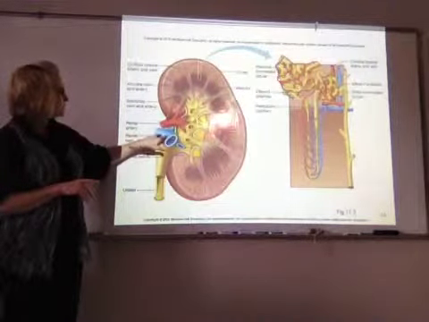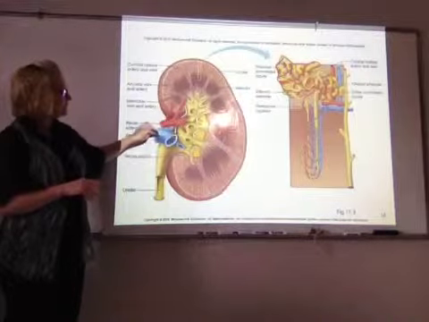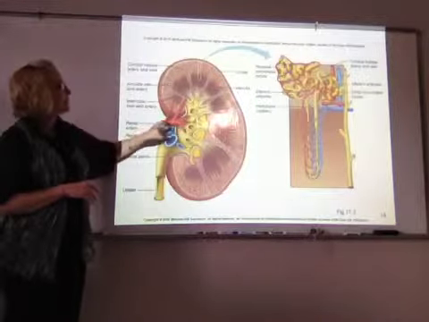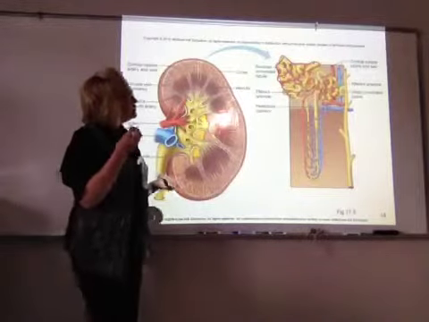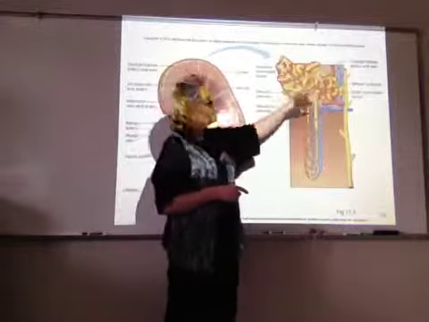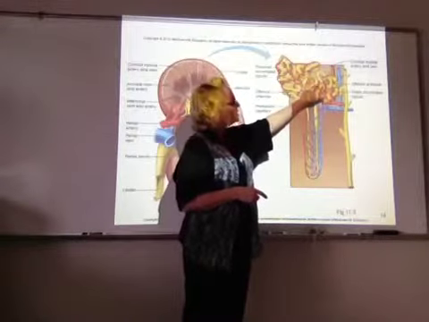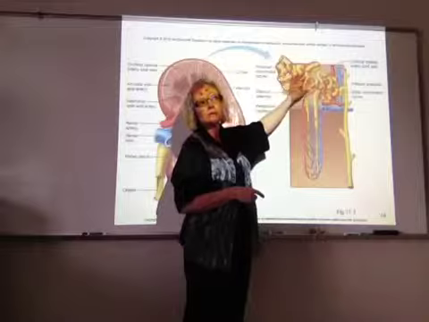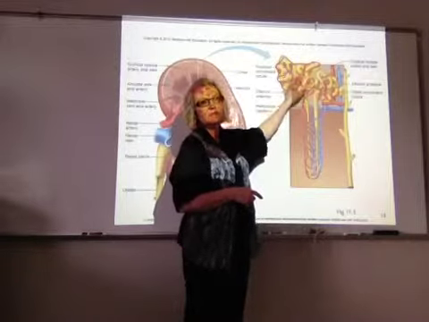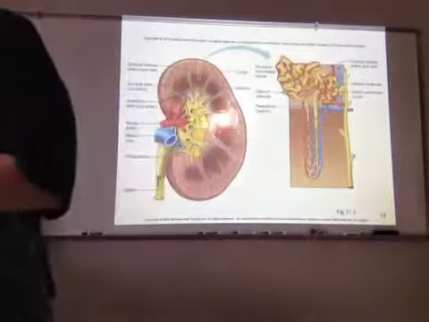Renal artery and renal vein come in and leave side by side. There's also lymphatic tissue there. I would like you to know that the afferent arterioles, these small arterioles, are what actually coincide with your nephrons. So that you should know.